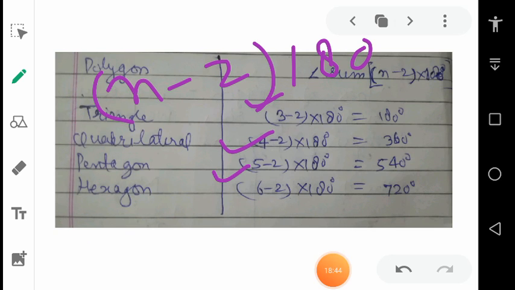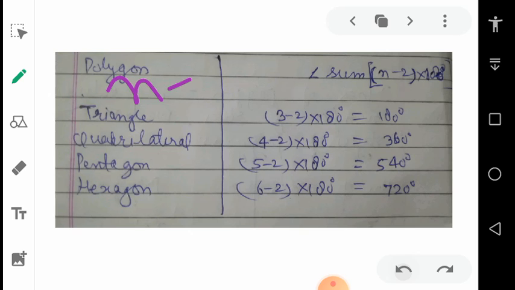Next is a question about a few polygons. Let us see what is the sum of all interior angles, and you should remember this basically for these 4 polygons, so when someone asks you, you just give the answer. What is the angle sum property of a pentagon?